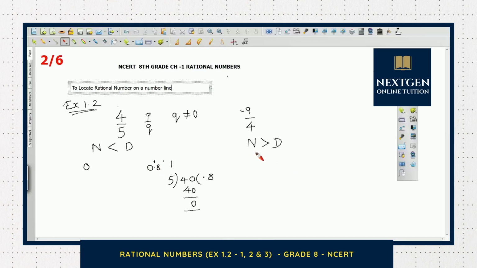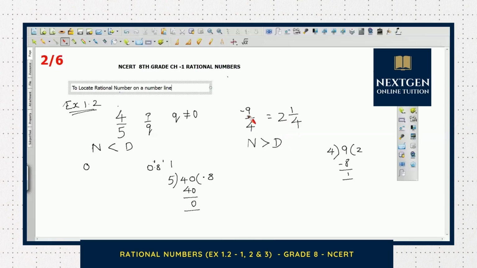Here, minus 9 by 4. For 9 by 4, we need to do our regular division. 4 twos are 8. Now I need to convert this number into a mixed fraction, 2 and 1 by 4. So here I have a whole number part, that is 2.